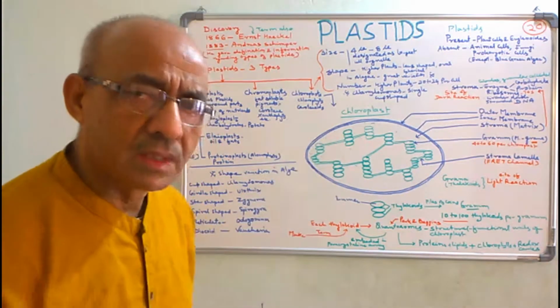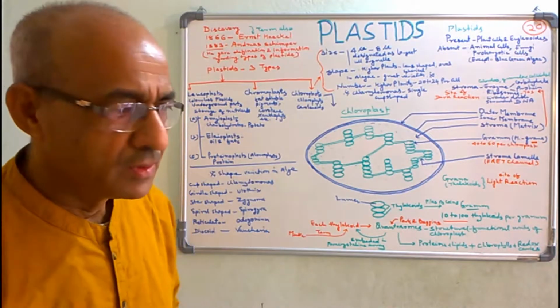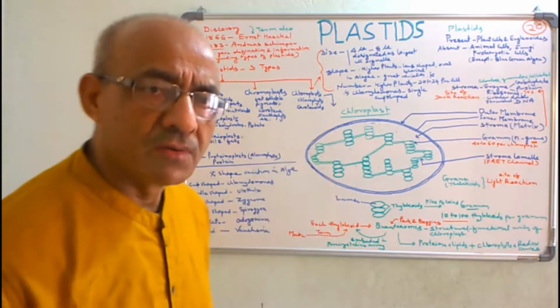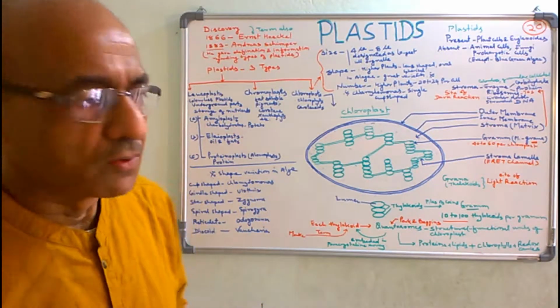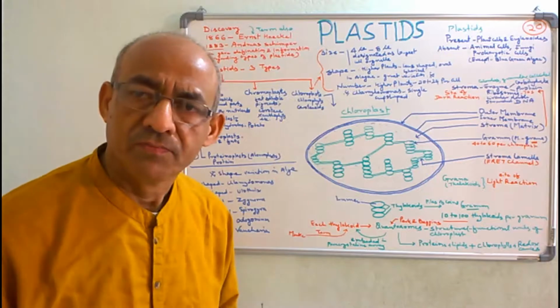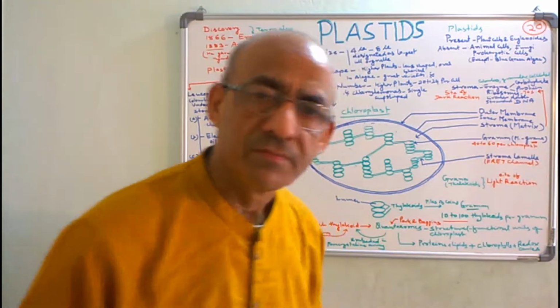That group or cluster of thylakoids, that stack of coin-like structures, is called grana.